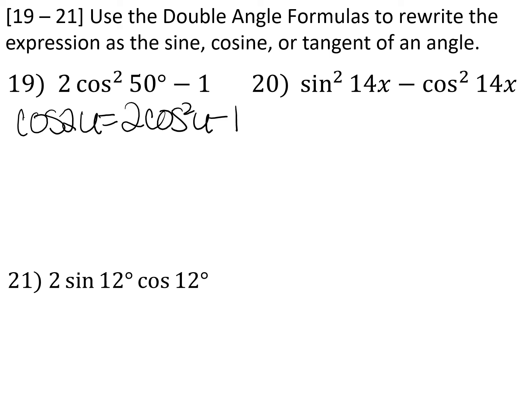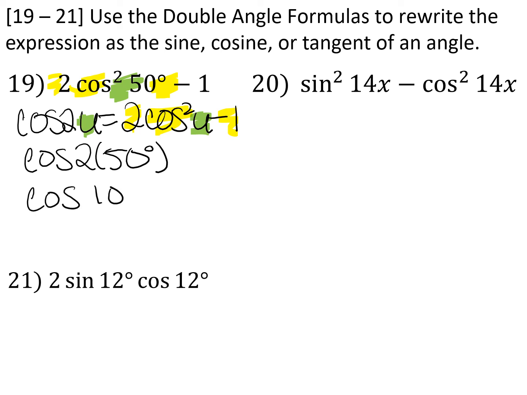Notice this looks exactly the same. I have a 2, I have a cosine squared, and I have a negative 1. So that means my 50 is my u, and I'm going to plug that in right here. That's going to be cosine of 2 times 50, which gives me cosine of 100.